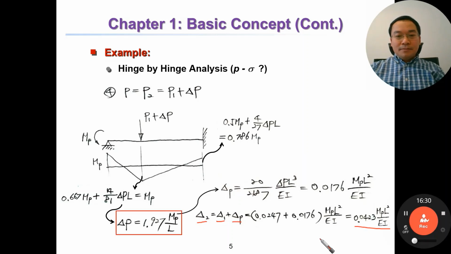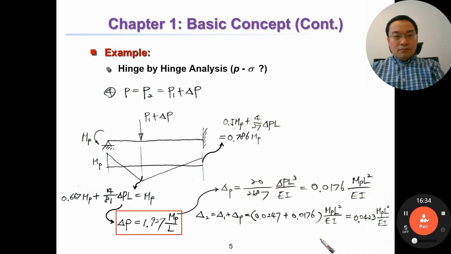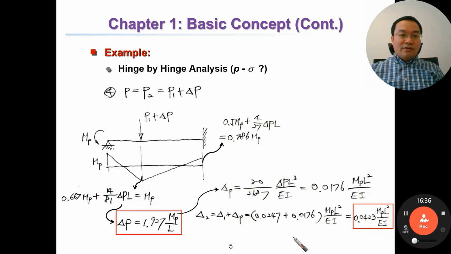Okay. So now we have P1 and ΔP here, then we can calculate P2. P2 equals P1 plus ΔP, and the deflection ΔP equals this.